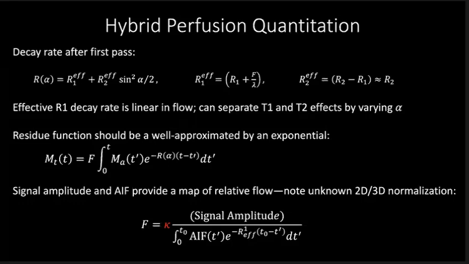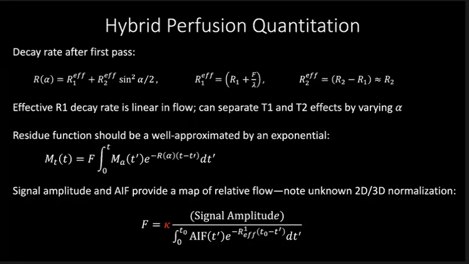And so you get to an expression for flow, which is basically the signal amplitude in the signal. The brighter the pixel is, the more flow you've got, normalized by the arterial input, suitably weighted by the amount of decay that has happened between when the magnetization arrives in tissue and when you image it. And so that's why we have this convolution with the exponential down here.